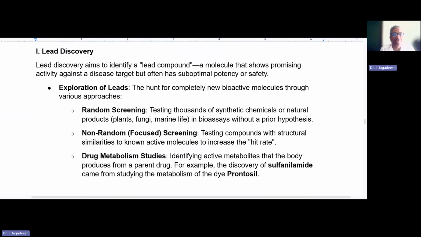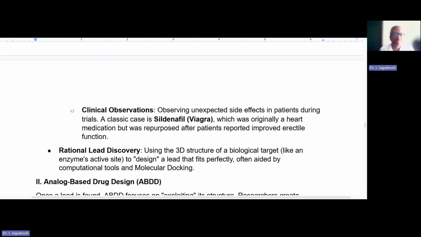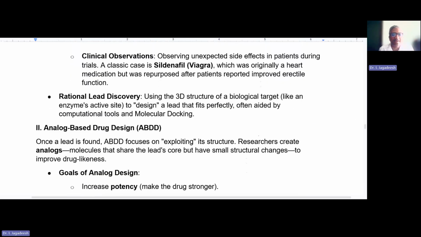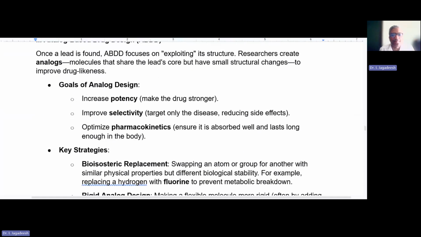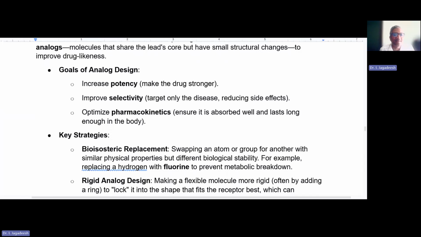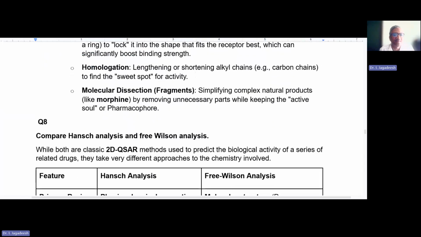In lead discovery, we have random screening, non-random screening, drug metabolism studies, and clinical observations. Later on, we have analog-based drug design, where we have analogs that resemble the lead, which can also lead to drug-like moieties a little later, once we have successfully completed the study.